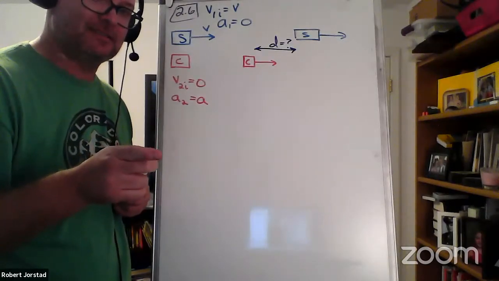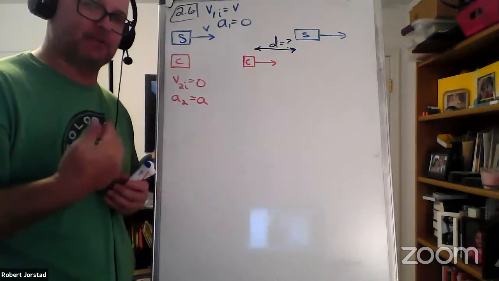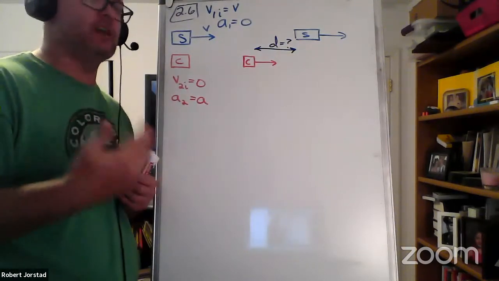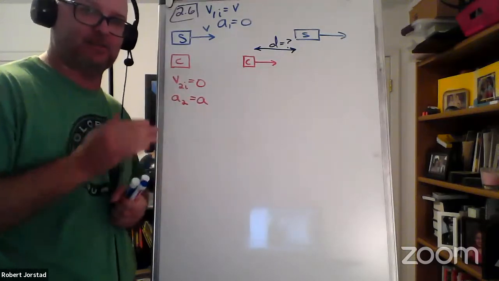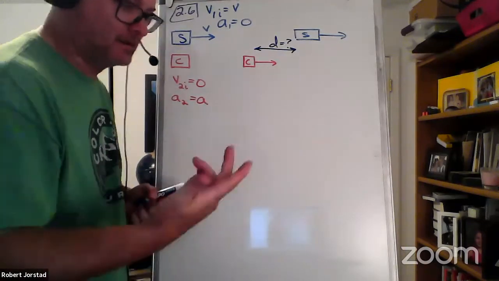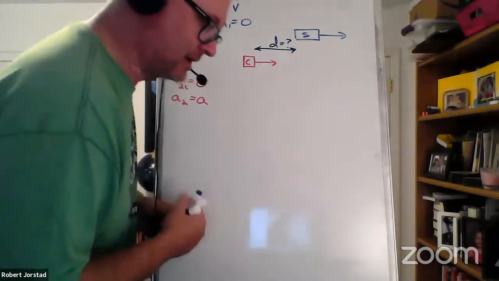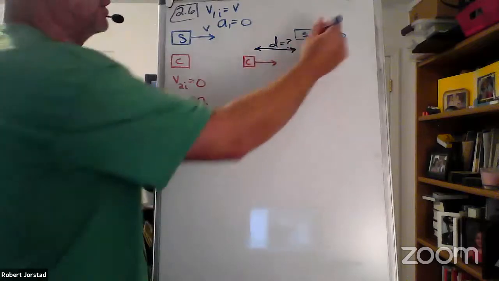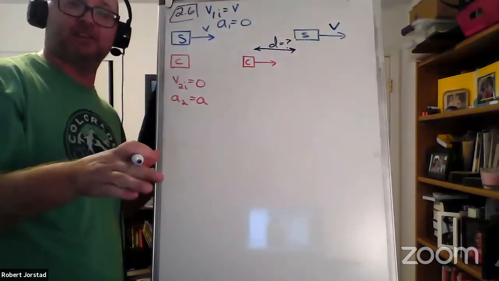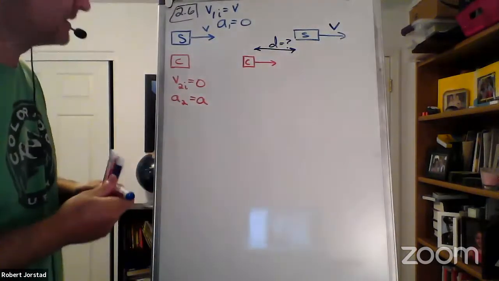Is the speeder going 30? Read the question carefully. No. They're driving at speed V in a 30 mile per hour zone. So we don't know that they're going 30. And in fact, we expect they should be going faster than 30. Otherwise, the cop's not going to go after them, in theory. All right. So it's still V, but not necessarily 30. Does that make sense, Erica? Yes. Right on.